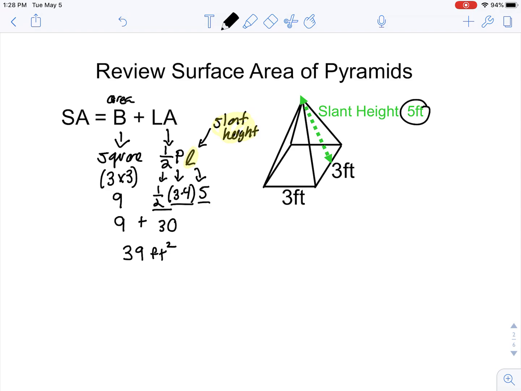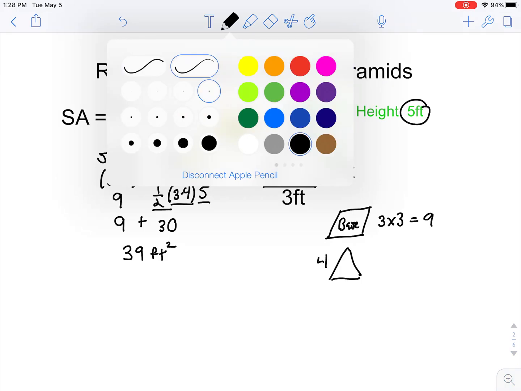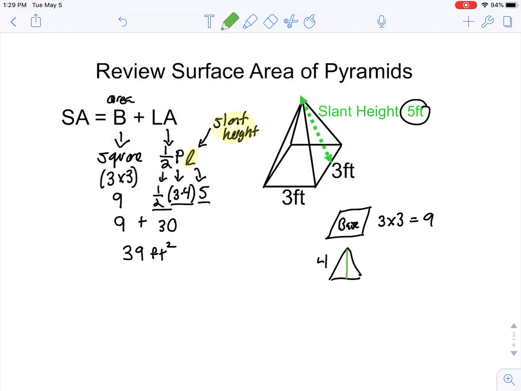Now, the other option for finding the surface area would be to break it up into pieces. We find the area of the base first, and once again, that would be 3 by 3 or 9. Then we would have to find the area of the triangles, and we'd have to know that there are 4 triangles, and as long as the base is a square, all 4 triangles will be the same. What do we know about these triangles? We know that the height of the triangle is 5. We know that the base of the triangle is 3.